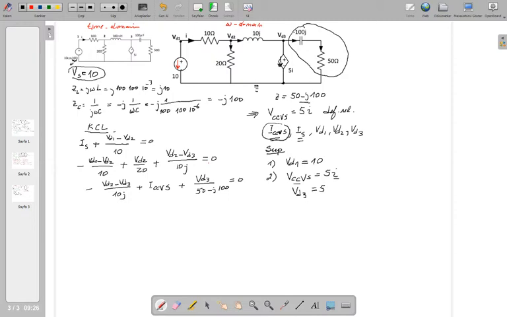So I need to replace that I with node voltages. You see that I is written here, isn't it? That is I. Not this side, this is minus I, this one. So I'm going to replace that I here with this one: 5 times VD1 minus VD2 over 10.